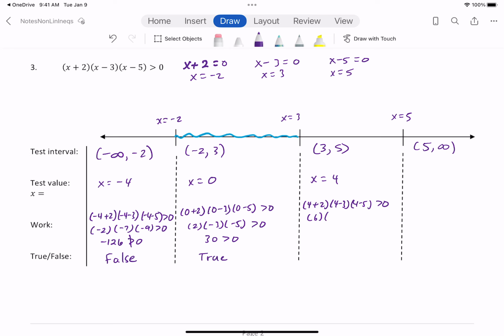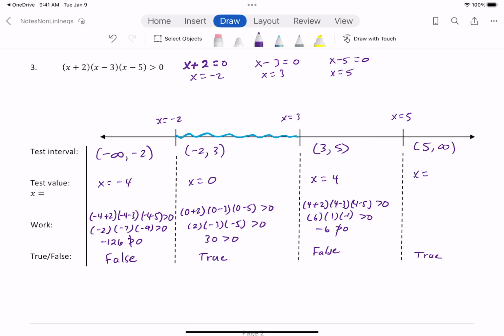So this is 6 times 1 times -1. And if we multiply, we get -6. That is not bigger than 0. And from what I told you, that's what we were expecting, right? I have false, true, so I'd be expecting this one to be false. And I'm going to be expecting this one to be true. But don't skip and don't show the work, okay?